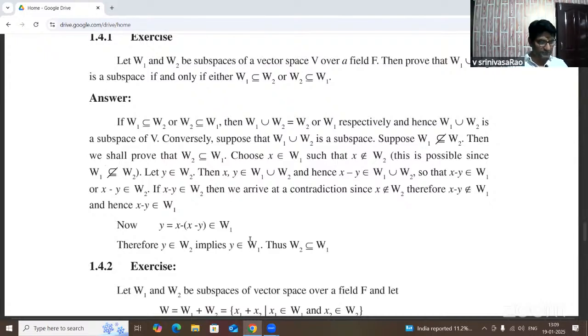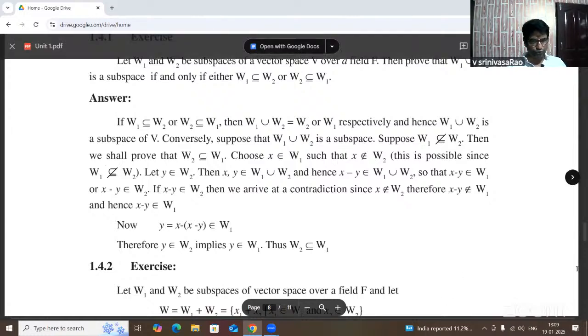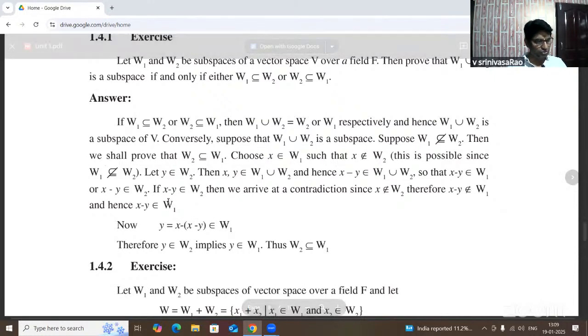Suppose X minus Y belongs to W2. That is a contradiction, because X is not in W2. Finally, X minus Y is in W1, and hence this is the contradiction, meaning X minus Y is in W1.